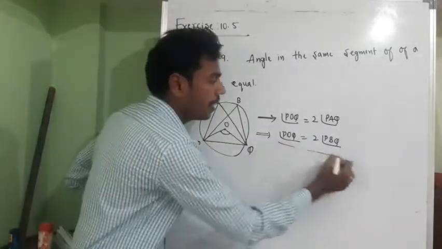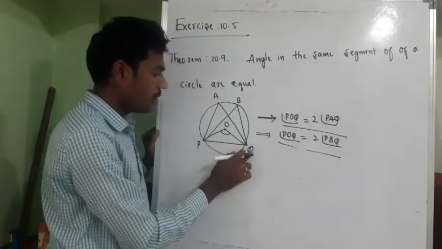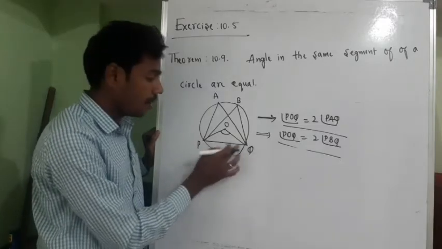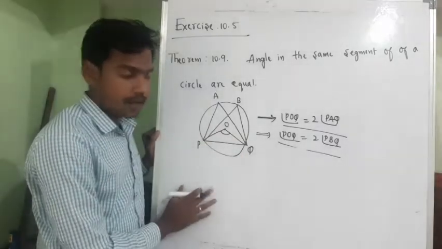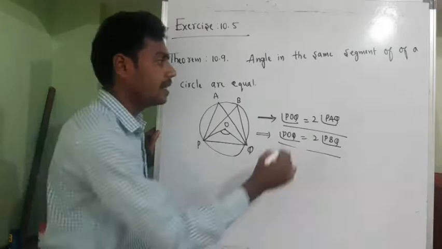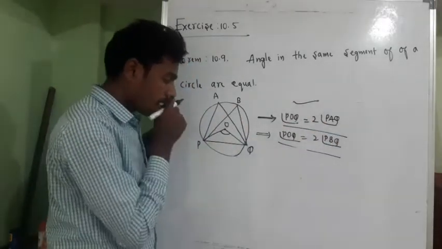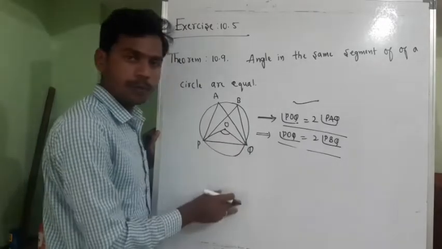So according to that theorem, POQ is the angle found by the arc PQ at the center. Then we can write POQ is equal to 2 PAQ, and we can also write POQ is equal to 2 PBQ.